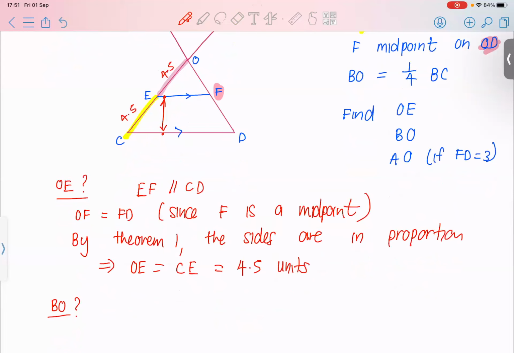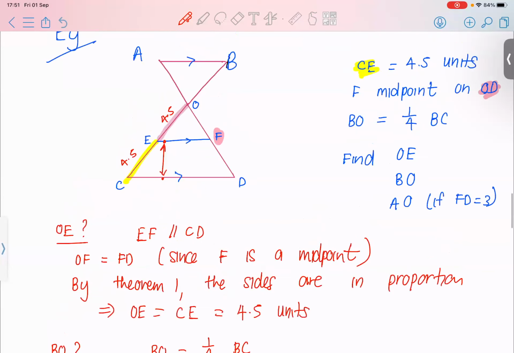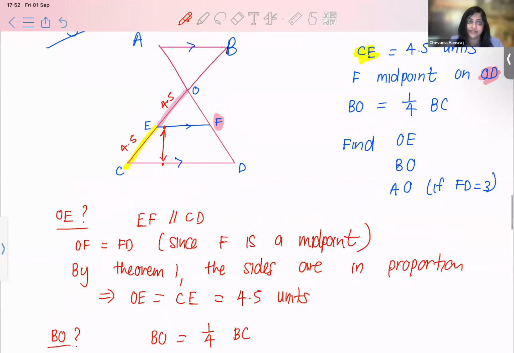So I know that BO is equal to 1/4 BC. All right, do I have the length of BC? Not yet. Okay. So BO is 1/4 BC, which means that OC is 3/4 BC.